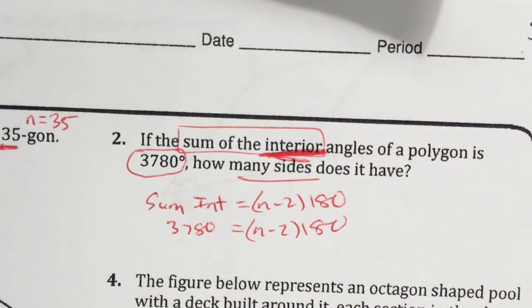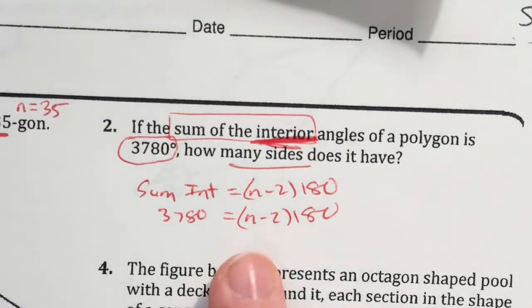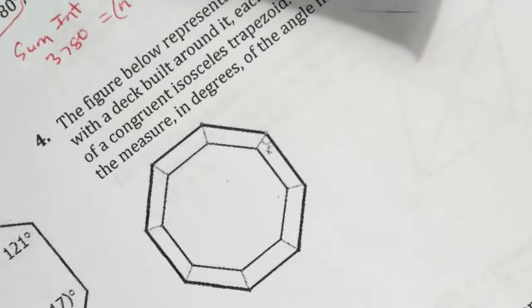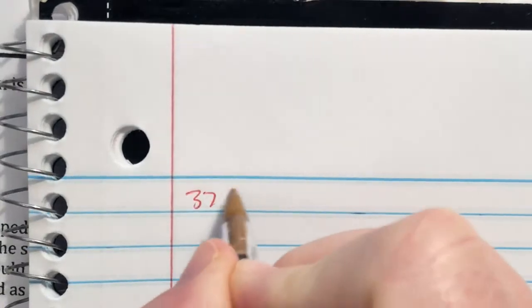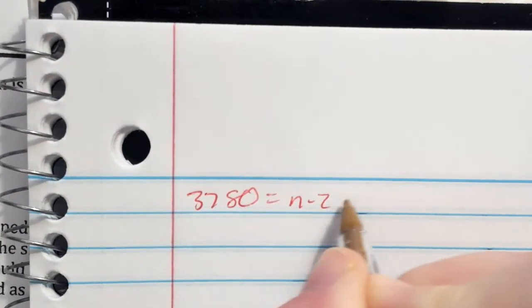You have a couple of different ways to solve this problem, so you get to choose whichever one you like. One way is to keep plugging in random numbers until you find n. Let me give you a couple of examples. Our equation is 3780 equals n minus 2 times 180.